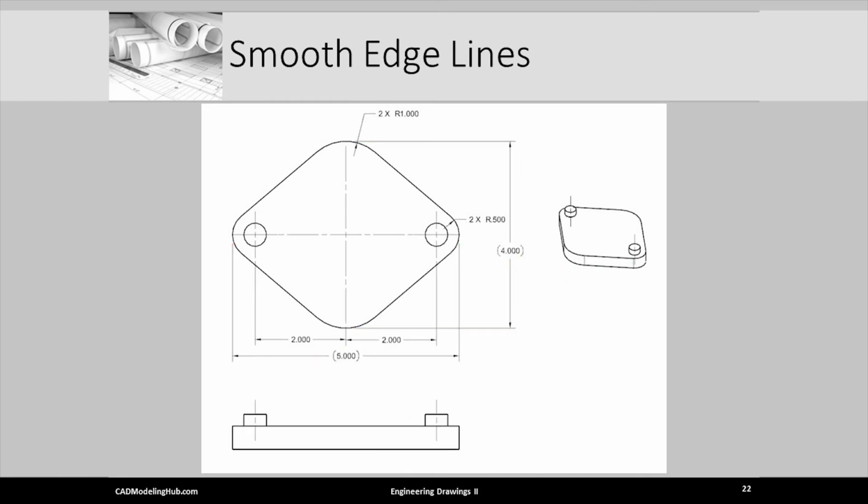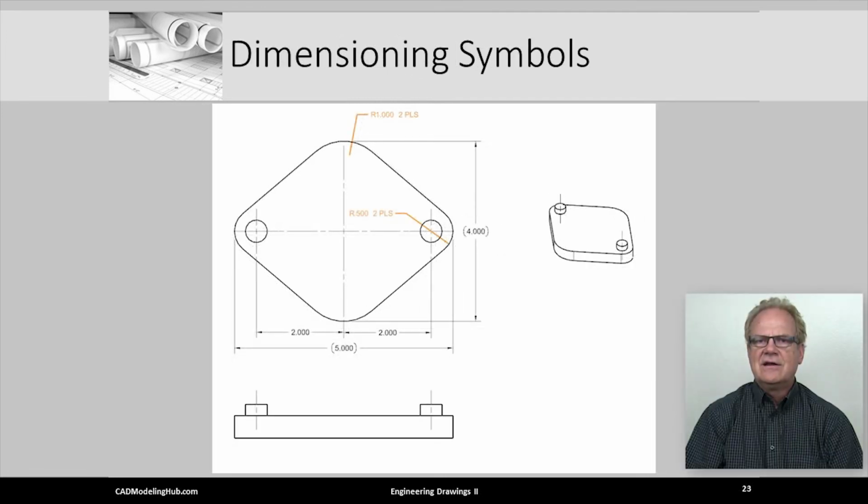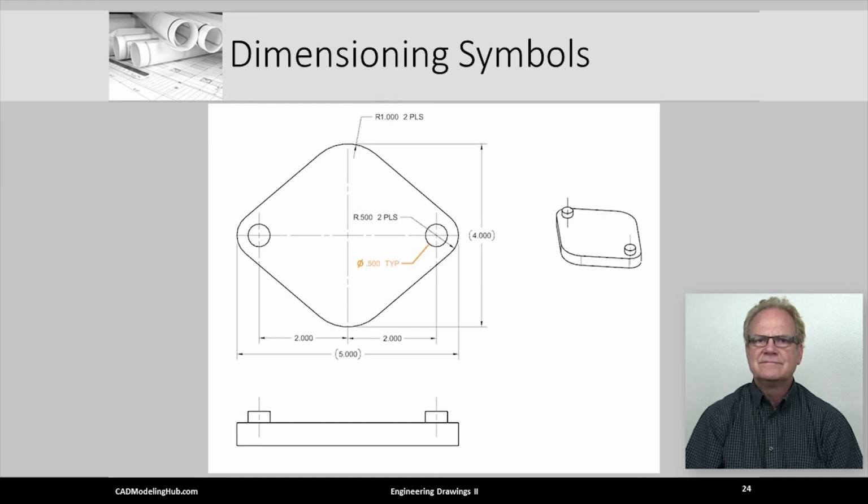Here we add dimensions to the outer arcs. Instead of duplicating another set of these values, we have added 2 PLS, which means use the specified dimension in 2 places. In this slide, we add the dimension for the 2 circular bosses.